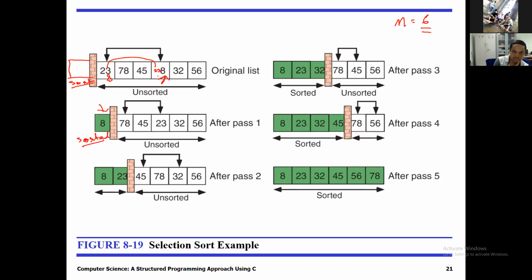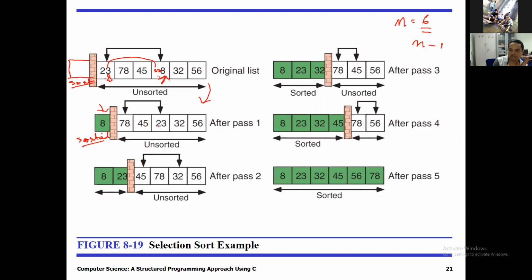There is a swap between this element and the smallest element. After the first pass, the smallest element from the entire unsorted part comes at the beginning, and the unsorted part contains n minus 1 elements, that is 5 elements.